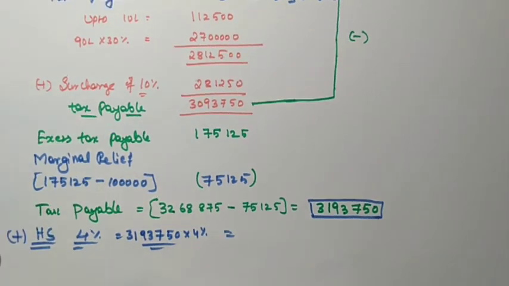It comes to 1,27,750. So total tax liability is equal to 33,21,500 rupees. Total tax liability on 1 crore 1 lakh.